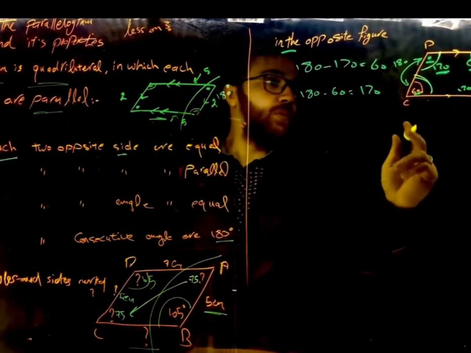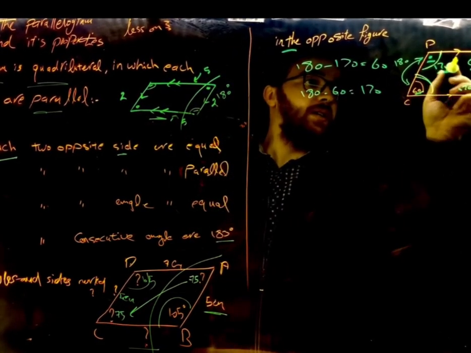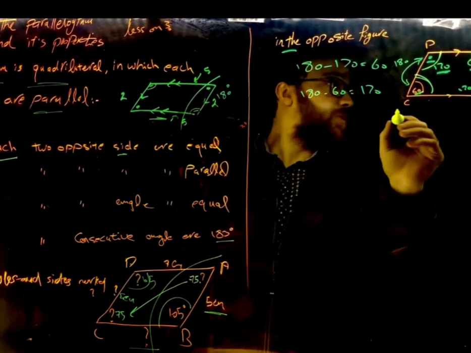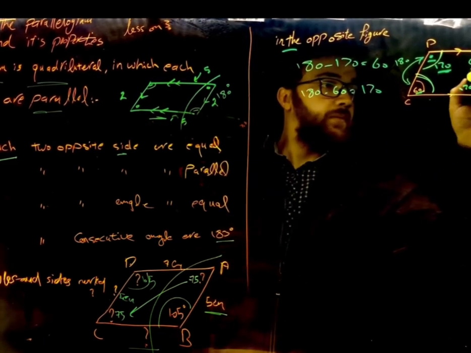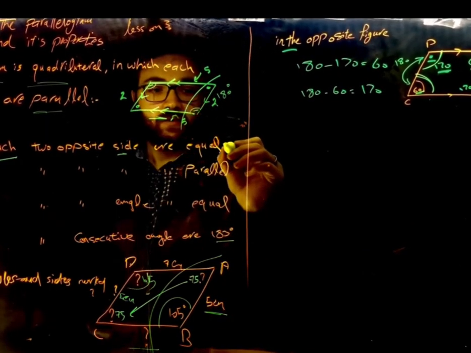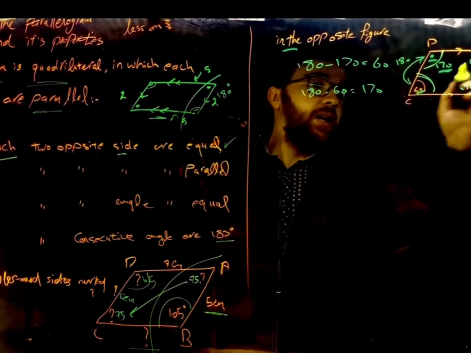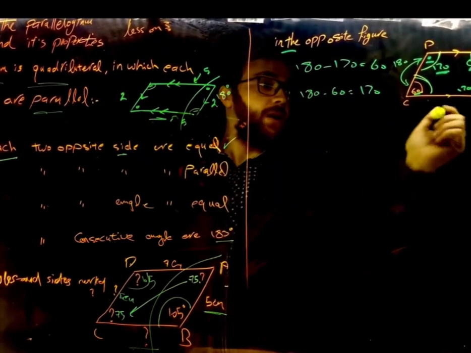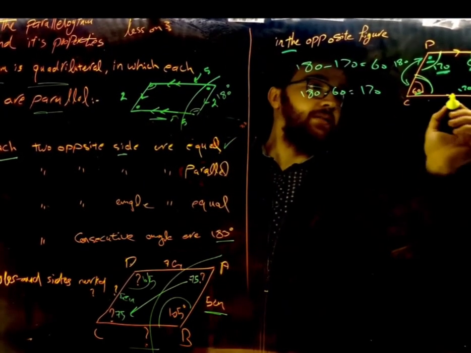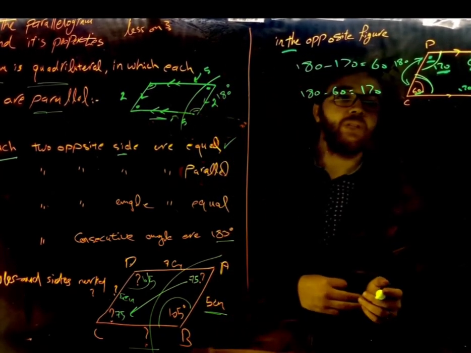Second, we want to prove this shape is a parallelogram. First, say here DA is parallel to CB. First properties check: angle A equals angle C, angle B equals angle D. Every two opposite angles are equal.